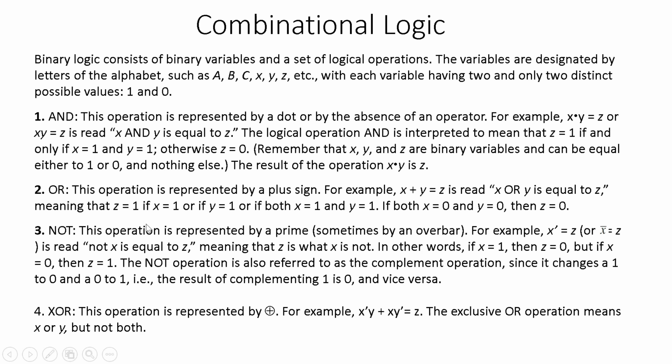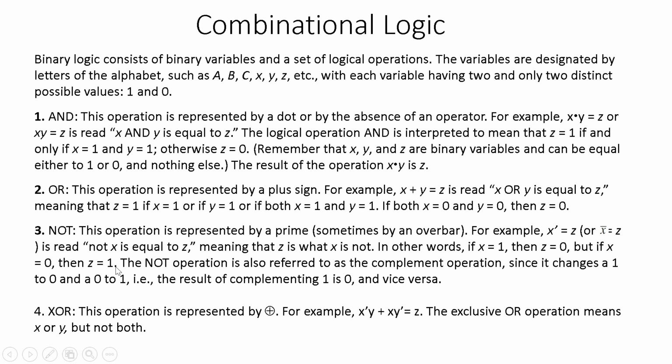For the OR operation, this is represented by a plus sign. When we see a plus sign, it's like we are thinking of addition. So we have the example x plus y equals z, read as x or y is equal to z, meaning z is 1 if x is equal to 1 or y is equal to 1, or if both are 1. Otherwise, it is 0.